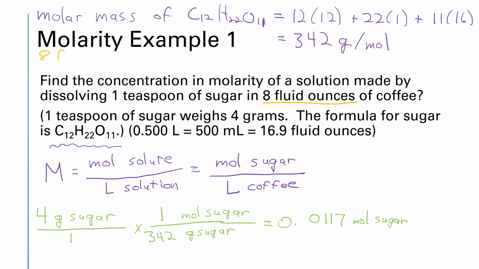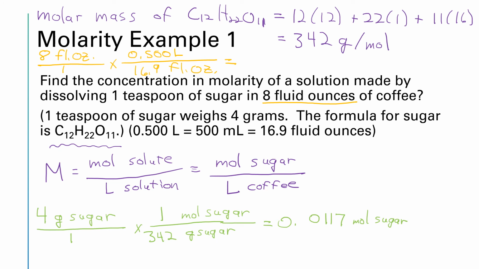We've got 8 fluid ounces of coffee, and we were told as a conversion factor that for every 16.9 fluid ounces, there's half of a liter, 0.5 liters. I literally pulled that conversion factor off of the half-liter water bottle. The half-liter water bottle was also labeled as being 16.9 fluid ounces.